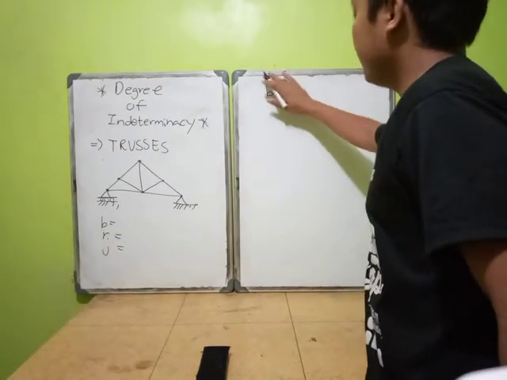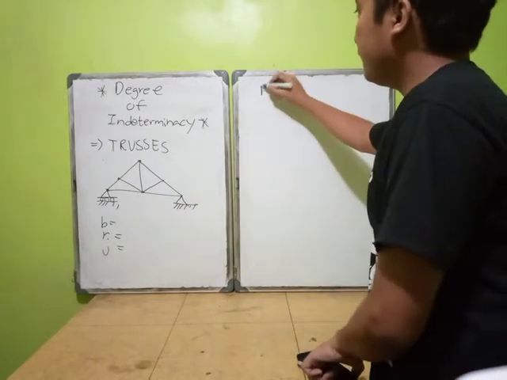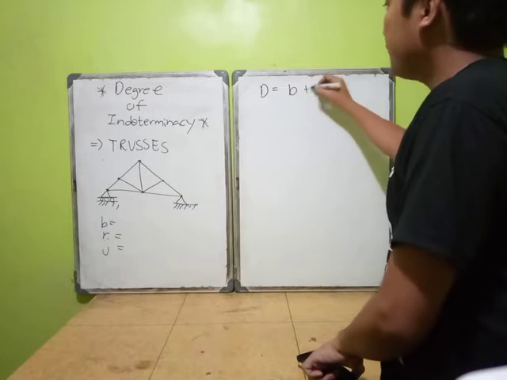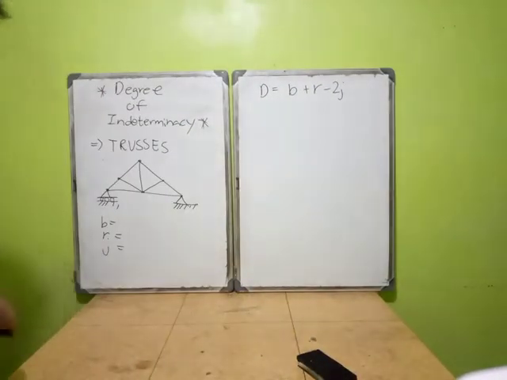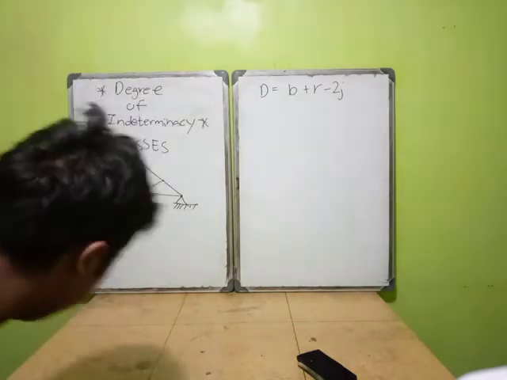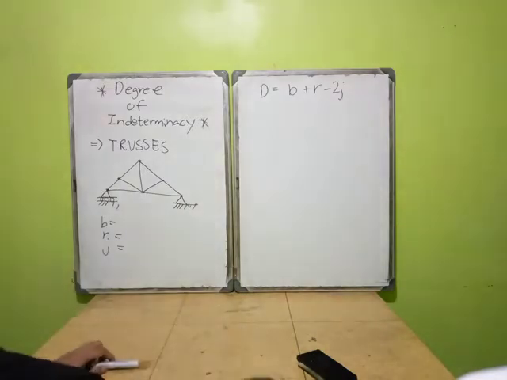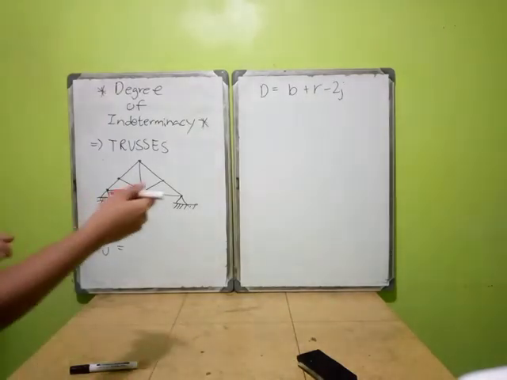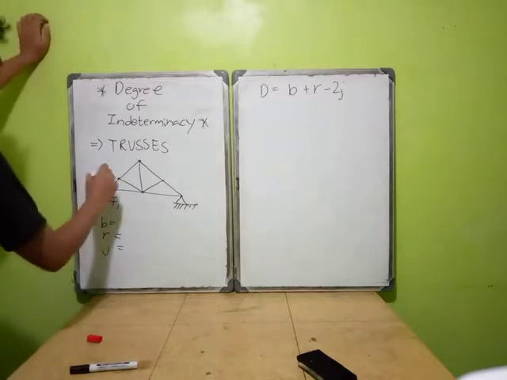Sabihin na natin ang degree of indeterminacy is D, is equal to B plus R minus 2J. So, yung B is number of elements or number of members or bars.